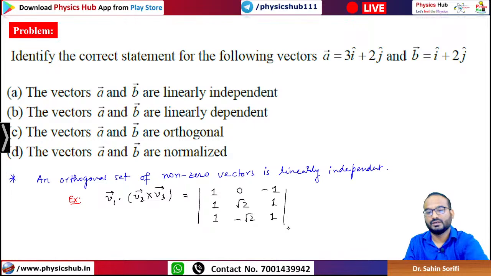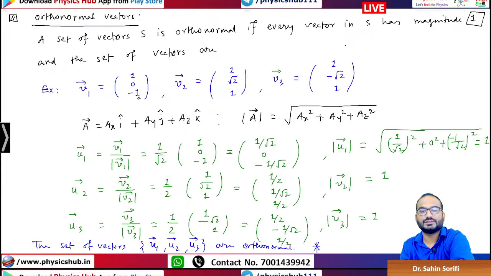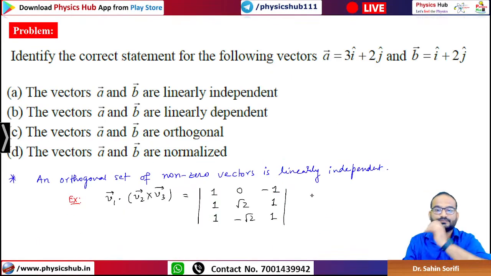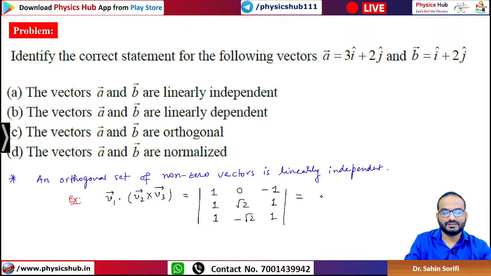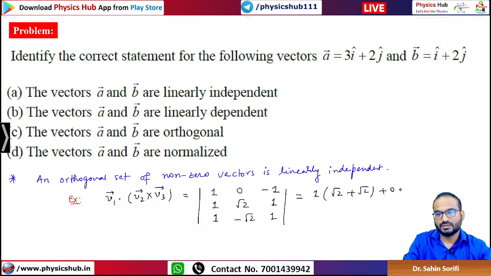So, what we have done? We have just written the components 1 0 minus 1, 1 root 2 1, 1 minus root 2 1 along the rows. If you find the determinant, what do you get? 1 times root 2 plus root 2, and 0, minus 1 times minus root 2 minus root 2.